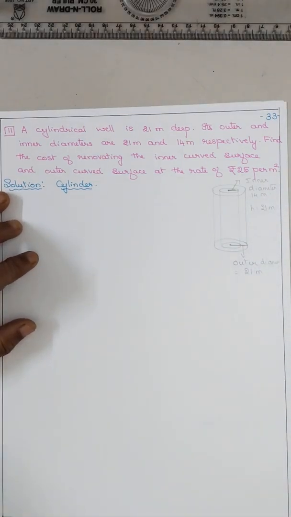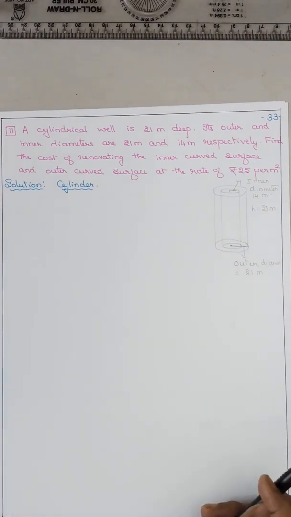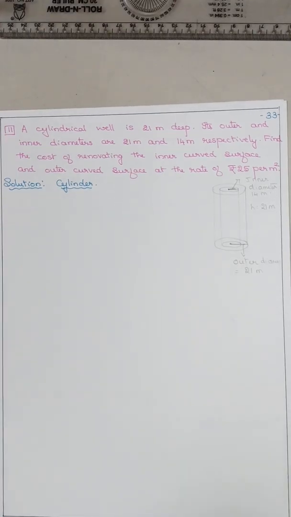Find the cost of renovating the inner curved surface area and the outer curved surface area at the rate of 25 per meter square. That means we have to renovate, to repair, both the outside and the inside. So for this, find out the CSA, right?